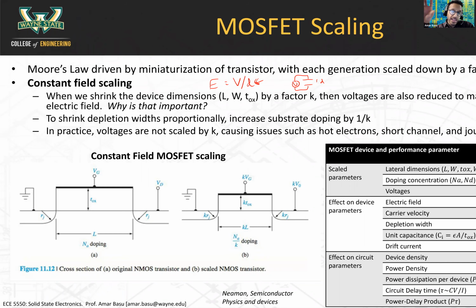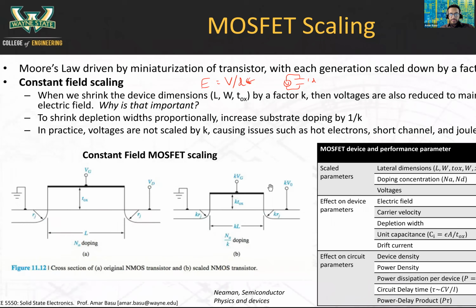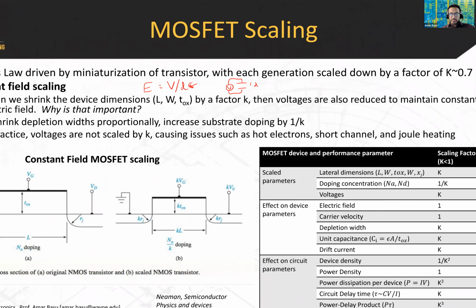So if you're scaling down the voltage, you also have to scale the substrate doping. That will help you maintain a fixed width of the depletion region that emerges between the source and the channel region. There's a depletion region here, there's a depletion region here.